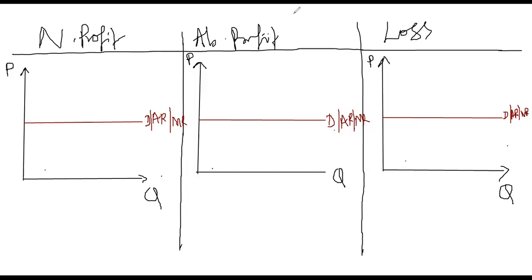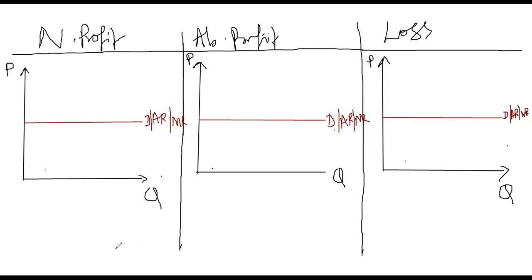The first step is demand, AR and MR. The second step is ATC. You know the shape of the ATC curve is U; we studied that. In normal profit, revenue and cost are equal.